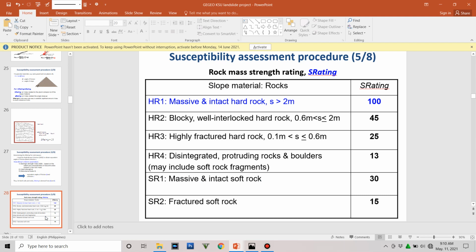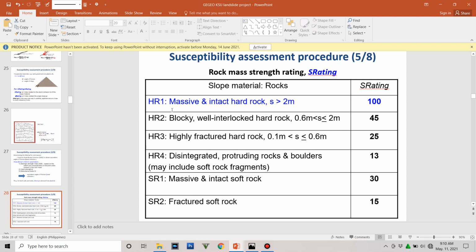The scoring that was developed for this is the S rating, for the slope material. This is the scoring for rock, where all the classes are categorized.